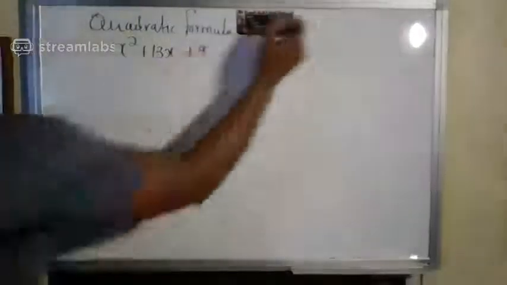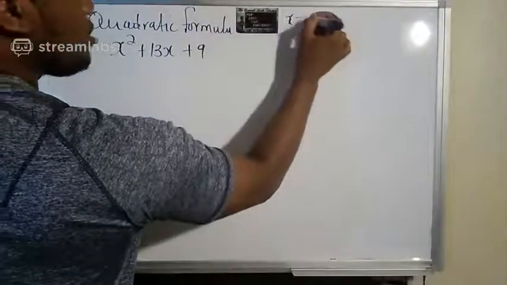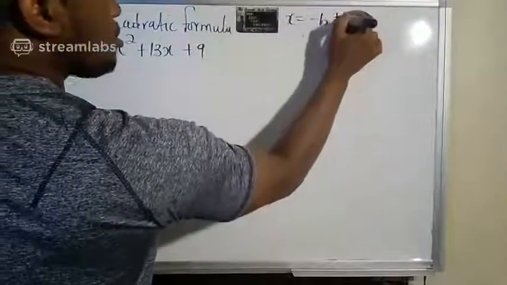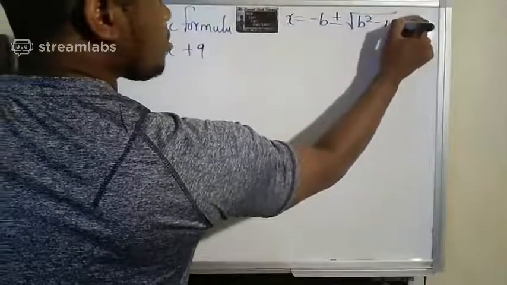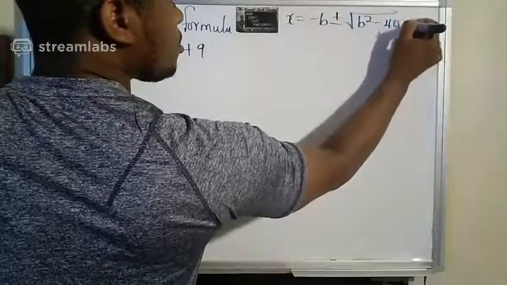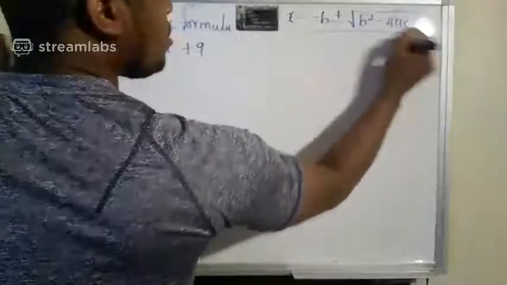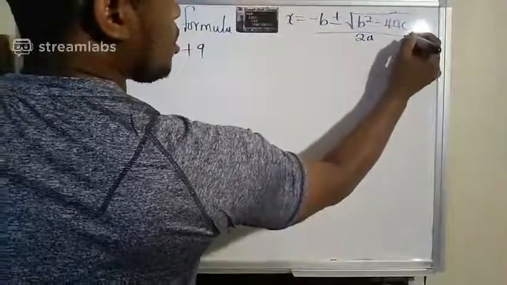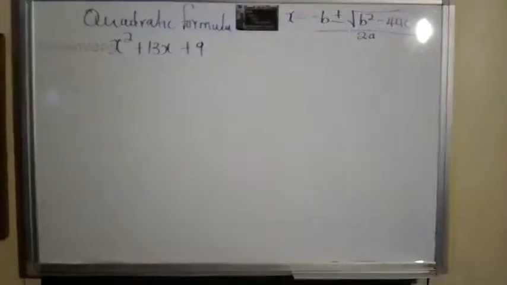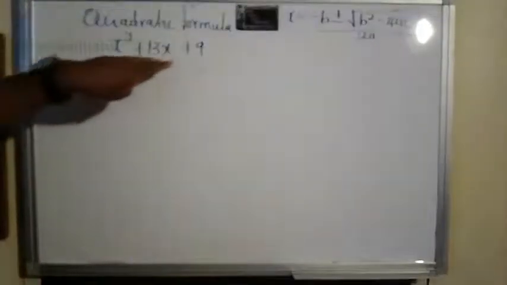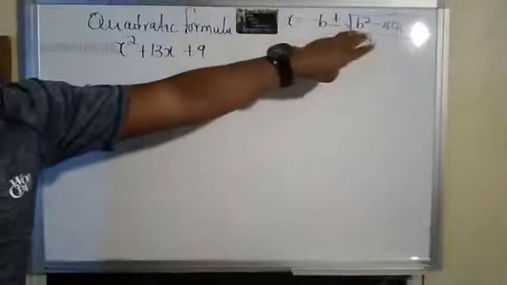So this is how the formula is. x is equal to minus b plus or minus the square root of b squared minus 4ac, all divided by 2a. It looks long and complicated, but it's rather simple. All we're doing is basically substituting these values.